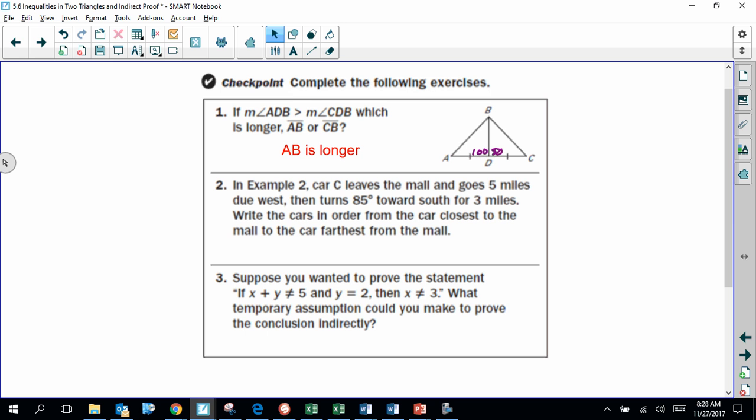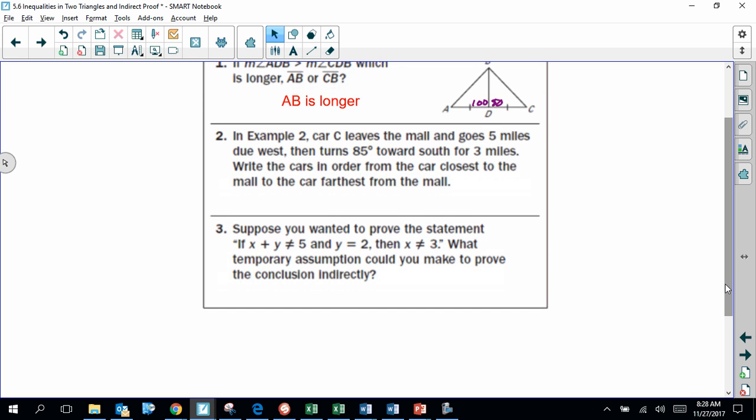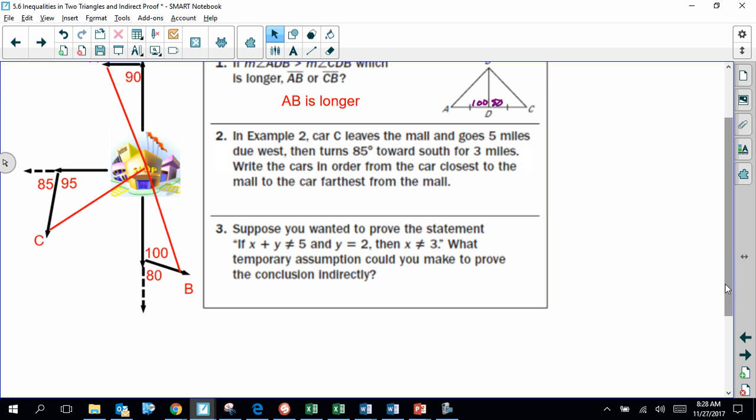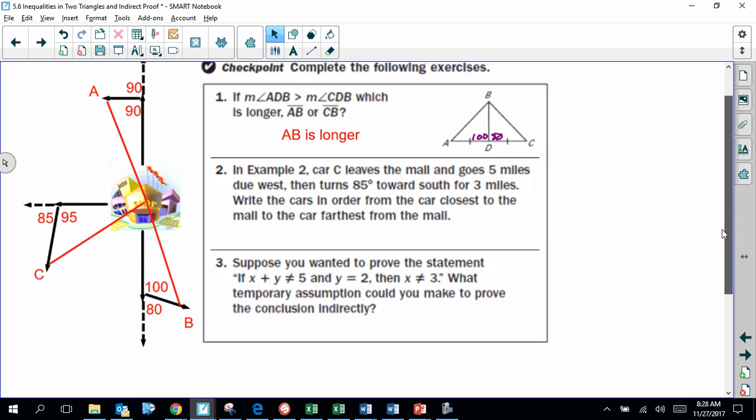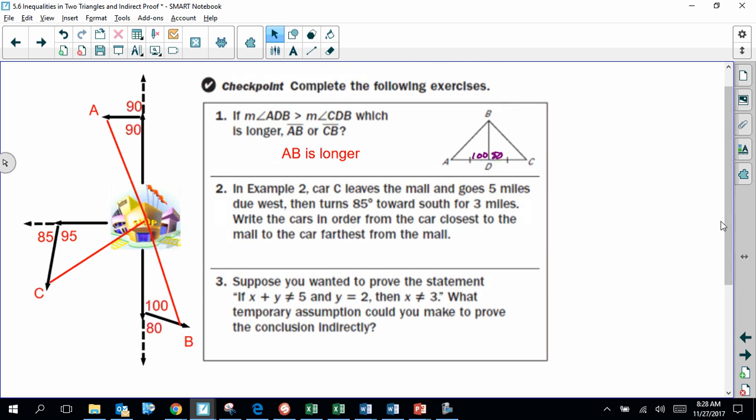Here in example 2, we're revisiting the mall diagram, except now instead of having the two cars, one that went north and one that went south, we have another car that leaves the mall and goes 5 miles west and then turns 85 degrees south for 3 miles. So we wind up with something that looks like this if you draw out the diagram, and this is very, very helpful. I think you should draw out the diagram.